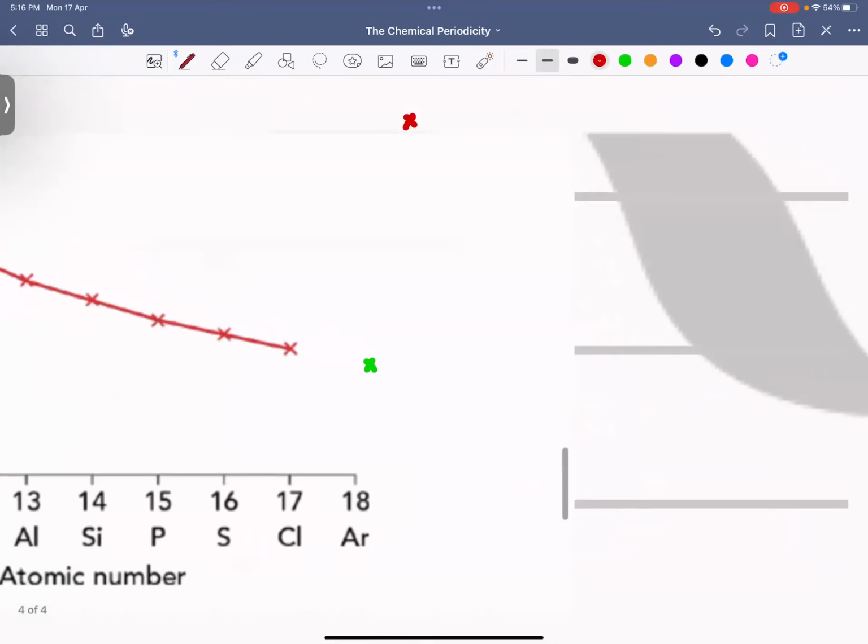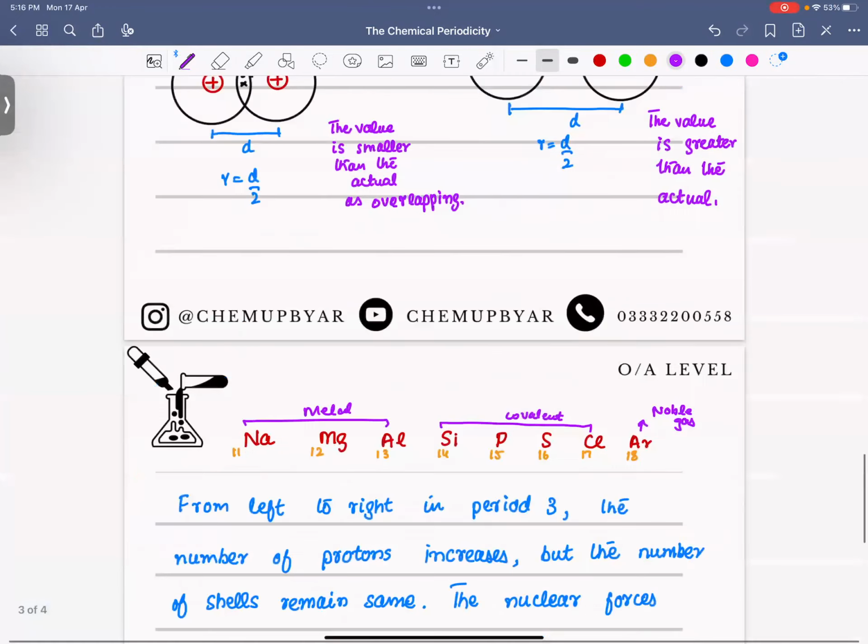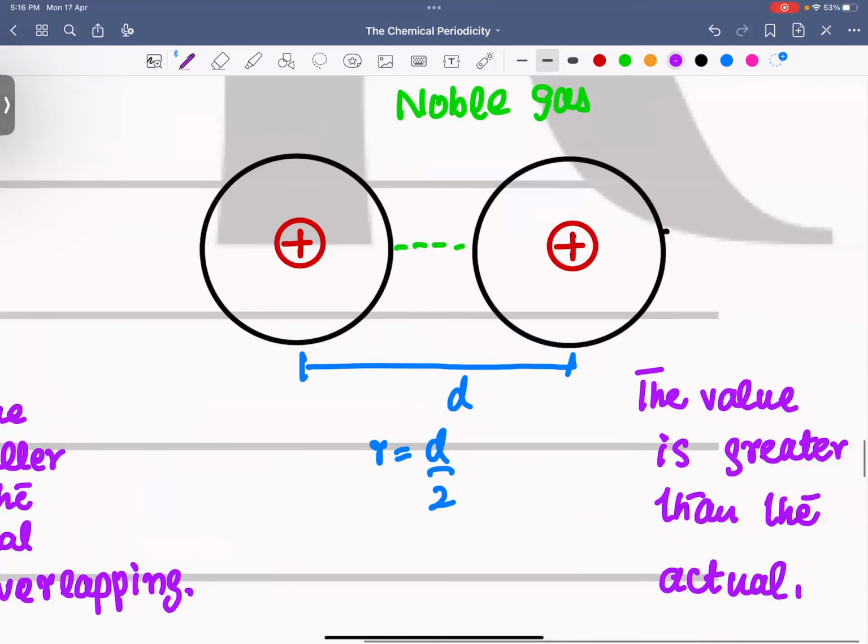Let me draw over here to make you understand. But when you calculate it, this would be the calculated atomic radius of argon, as it has van der Waals forces between the atoms.